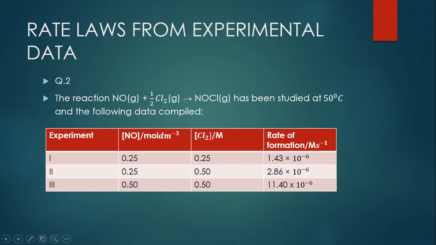So you will have the rates here, 11.40 over 2.86 times 10 to the negative 6. Then you equate it to this raised to the power x times this raised to the power y. I want you to try this on your own so that you get x to be 2. Can you do that for me?